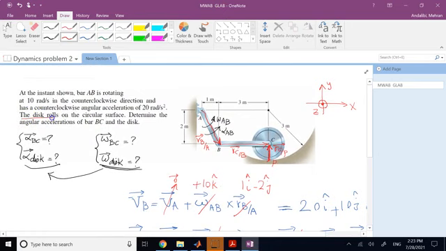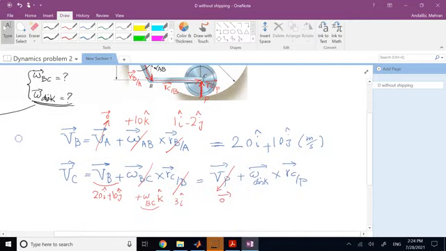It is rolling on the surface, and when it says rolling, it has to say rolling what? Without slipping. If there is any slipping, then the velocity of the contact point is not going to be 0. But because of this, it means velocity of the contact point is 0. So I can write it that way.